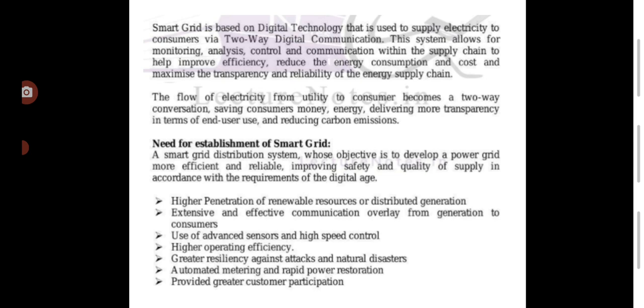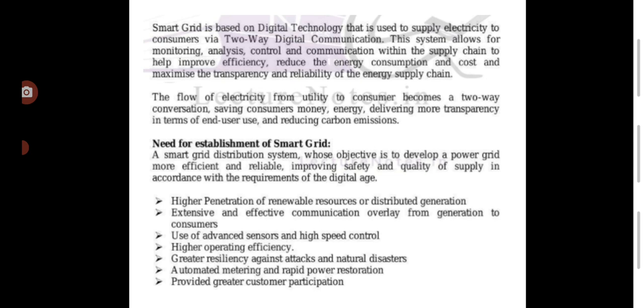So regarding the needs, we can see that a smart grid distribution system's objective is to make the power grid more efficient and reliable, improving the safety and the quality of the supply in accordance with the requirements of the digital age. Right. So the first one is the higher penetration of renewable resources or distributed generation. Next is the extensive and effective communication overlay from the generation to the consumers.